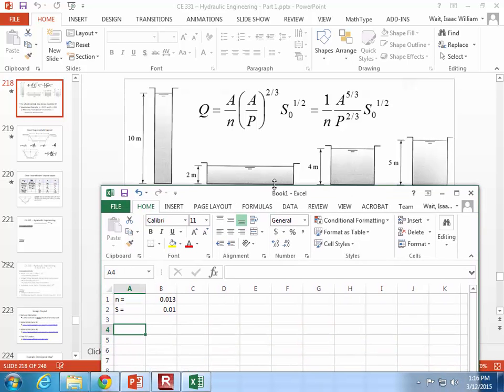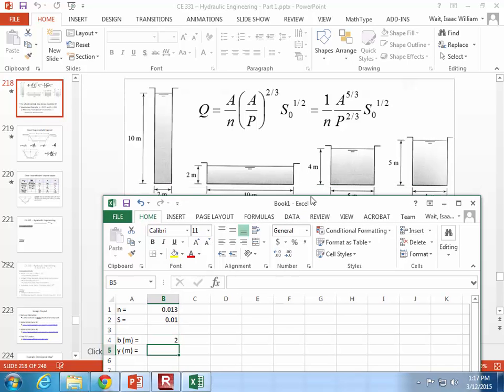And maybe what we ought to do is have that in terms of the width b, and then we will have the depth y. So for the first one, for example, it had a width of 2 and a depth of 10. So here we can get the area. It'll be just the width times the depth.